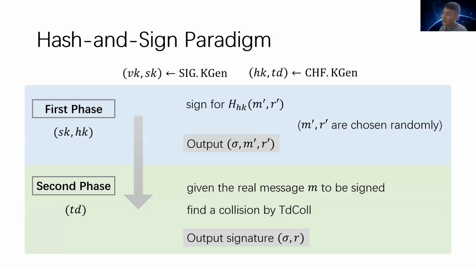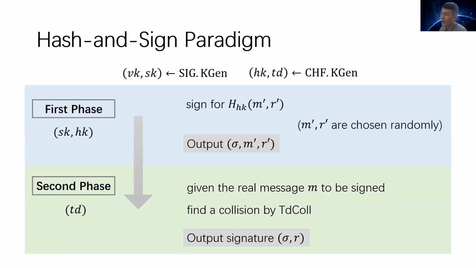Most of these applications fall in the hash-sign-switch paradigm. That is, there are two key pairs in the system, VK-SK for the signature scheme and HK-TD for the Chameleon hash function. In the first phase, a signature sigma is generated for random M prime and R prime.